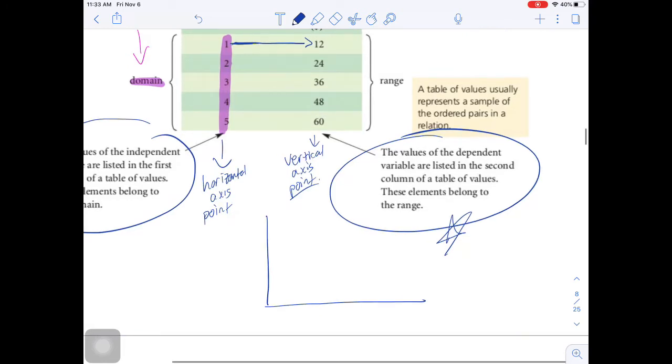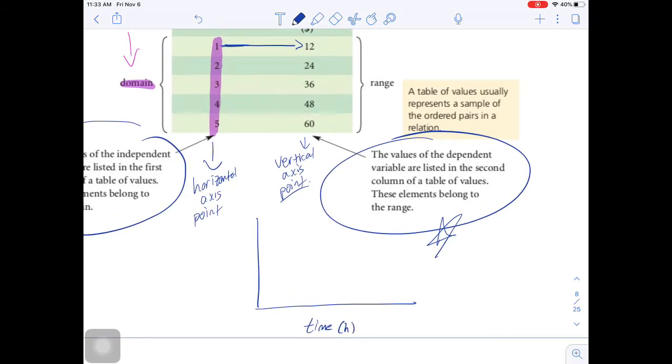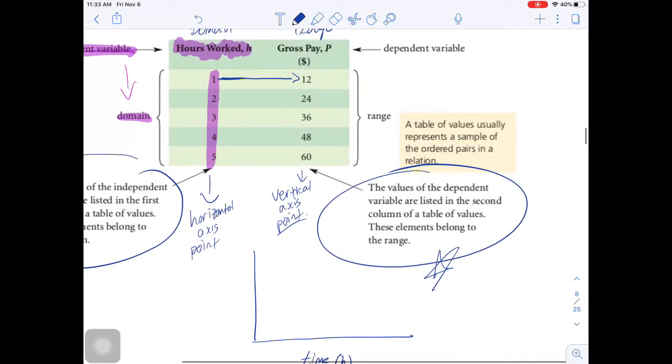So here we have, I'm going to put time on the bottom, and that's measured in hours. And then this is gross pay. And that's in dollar signs. So remember, your independent variables are always on the horizontal line.